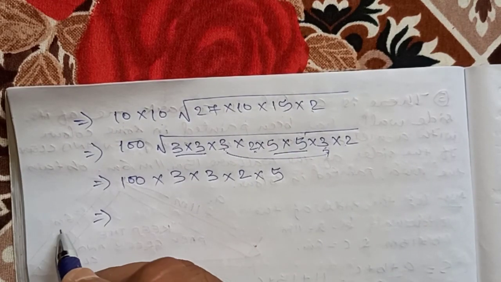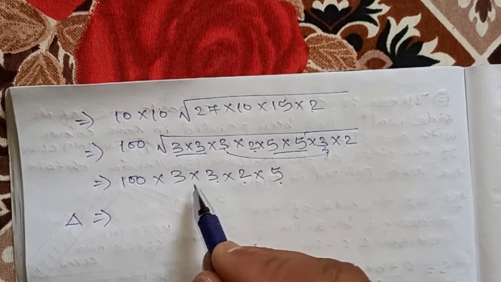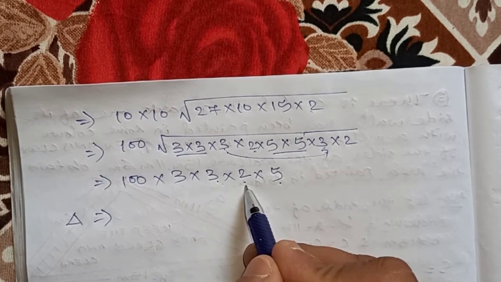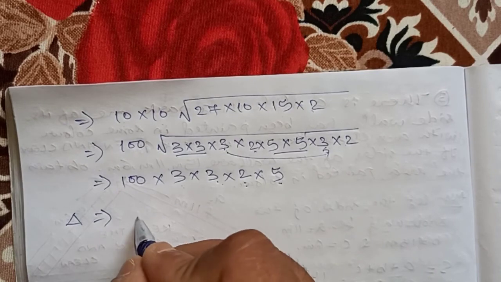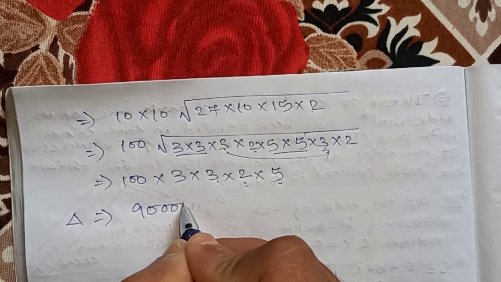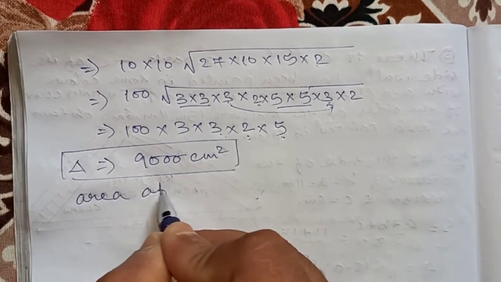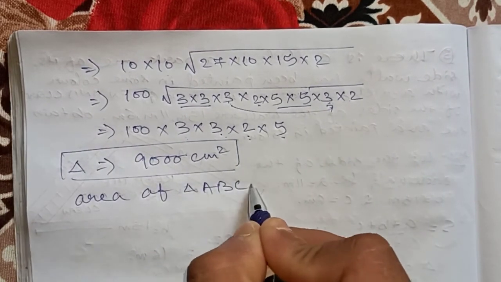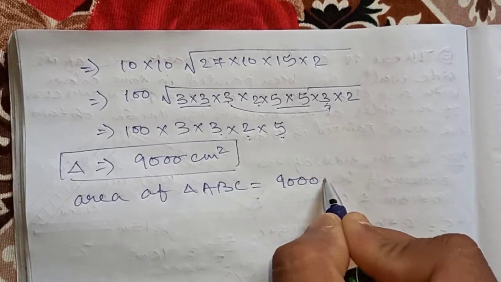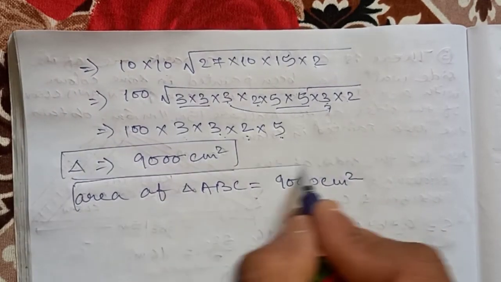So the answer which we will get, area equals 3 3s are 9, 9 2s are 18, 18 5s are 90, 90 into 100 is 9000. Okay, 9000 centimeter square is the area of the triangle. Area of triangle ABC is 9000 centimeter square. This is the answer.